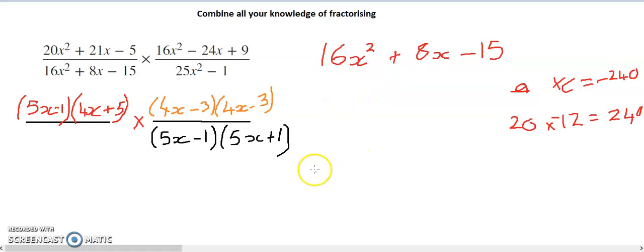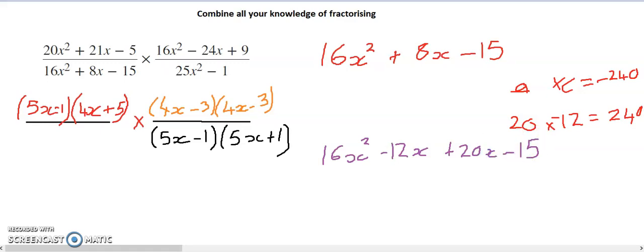So I can rewrite my equation as 16x squared minus 12x plus 20x minus 15.